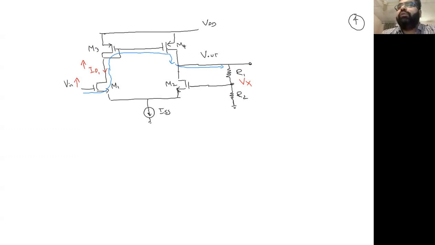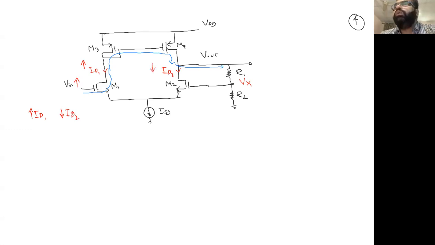If ID1 increases, what's going to happen with ID2, which is flowing here? Can anyone say anything? It's a differential pair. ID1 increases. This means ID2 will decrease by the same amount because the net overall current will remain the same. So ID1 will increase, ID2 will go down.